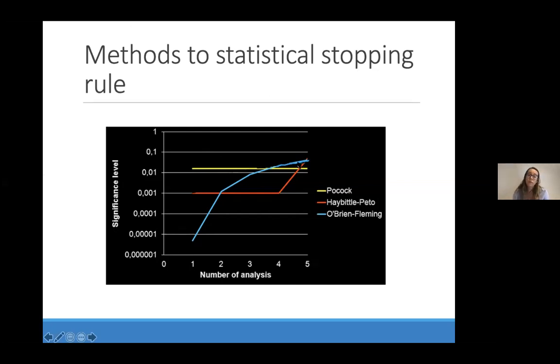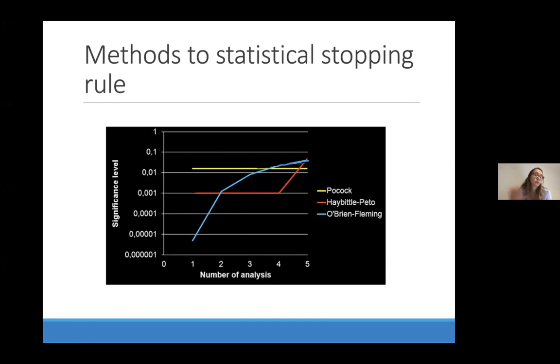So the O'Brien method is one that is mostly used for efficacy. For the chance of stopping the trial early, you have a much more conservative p-value. So it's a method that would be much more accepted by the literature if you end up stopping your trial earlier because of an interim analysis.